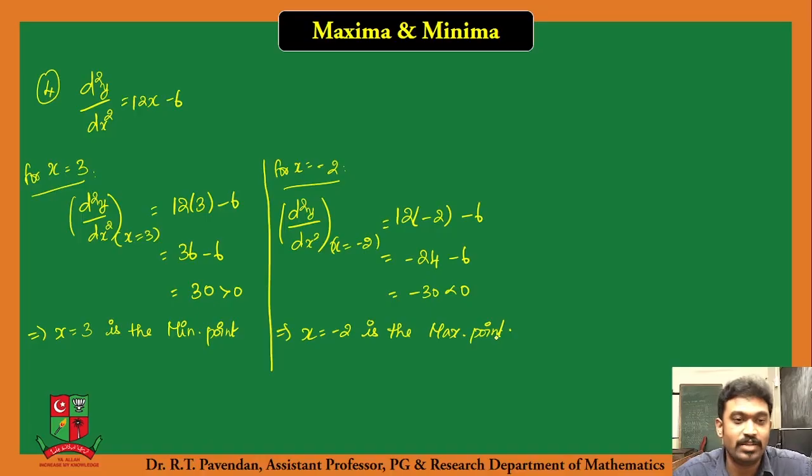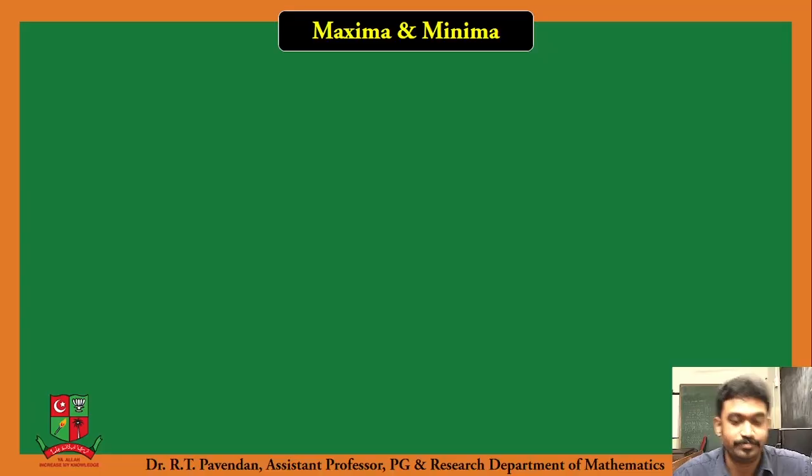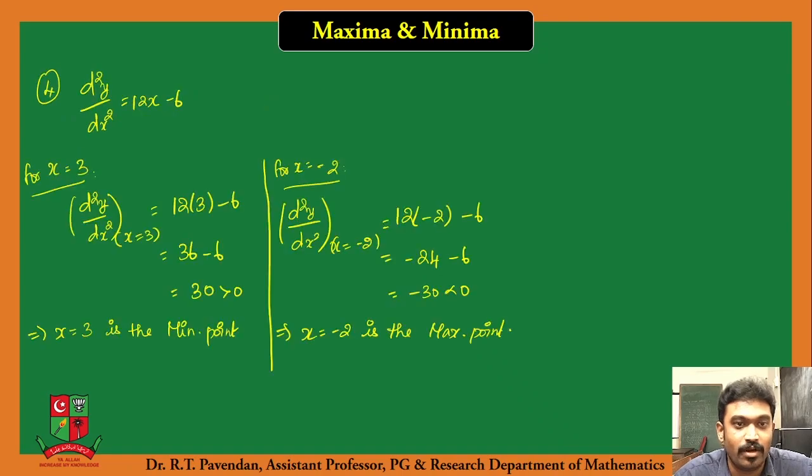So we know that x equals 3 is the minimum point. So first let us find out what is the minimum value. So the fifth step to find the minimum value, what you got to do is we have to substitute y of 3.